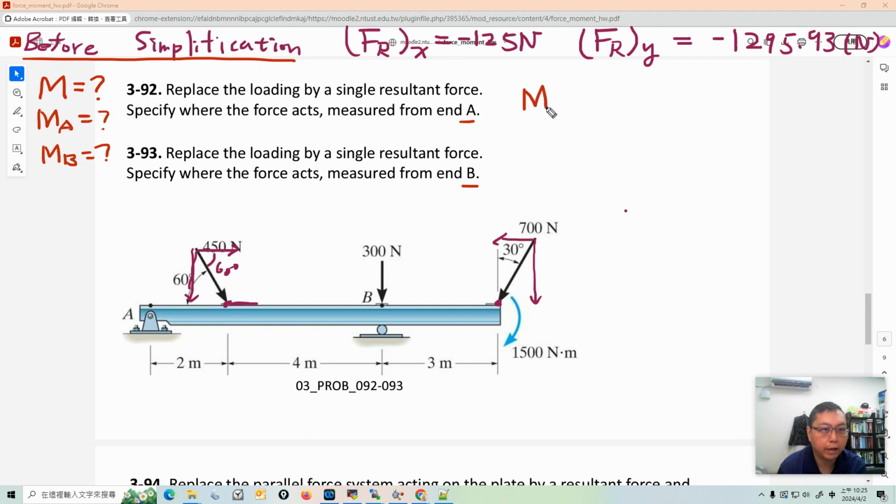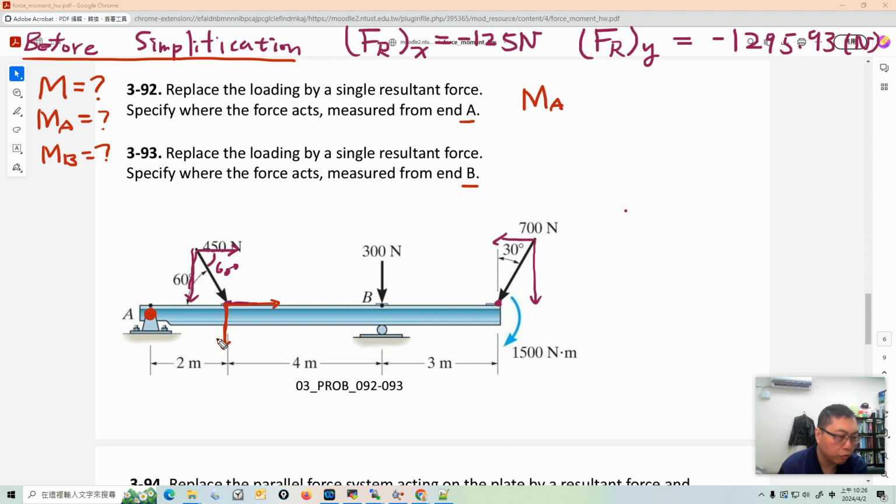MA, with A as the reference point. Let's see which force will create a moment with respect to A. For the 400 Newton force, only the vertical component will create a moment with respect to A, because the force acts at this point, so the horizontal component is here and the vertical one is here.